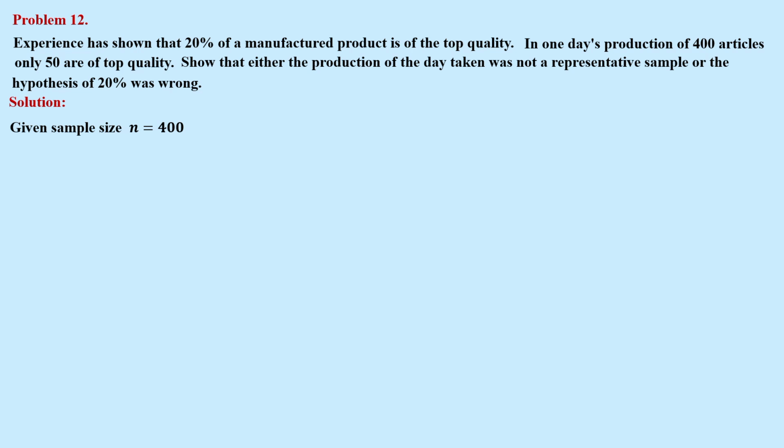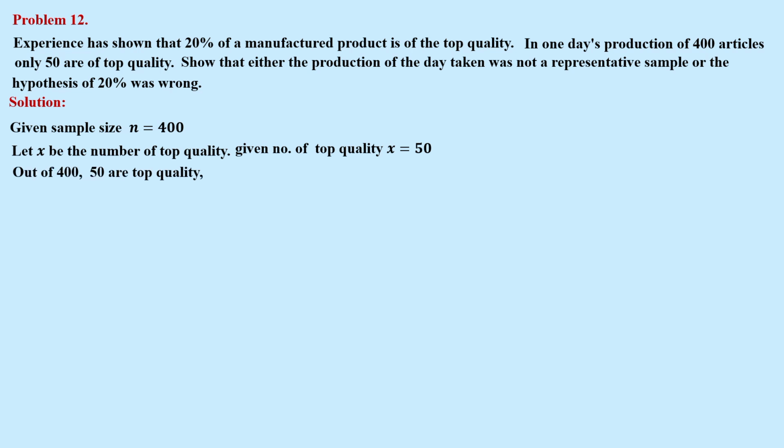So sample size n is equal to 400. X is the number of top quality, given as 50. Out of 400 you are having 50, that is X, that is success. Therefore sample proportion P is equal to X by N, so you will get 0.125. Now Q is equal to 1 minus 0.125, that is equal to 0.875.